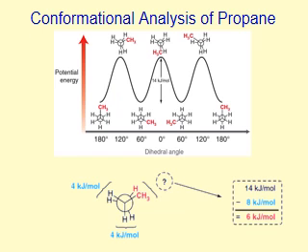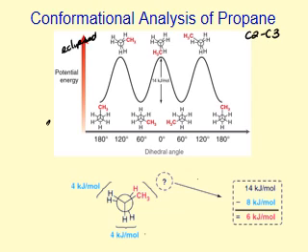So if we were to add another carbon and start looking at propane, in this particular case we're looking down carbon 2 to carbon 3 on the structure, and we can see that we would have staggered and eclipsed conformations of propane.